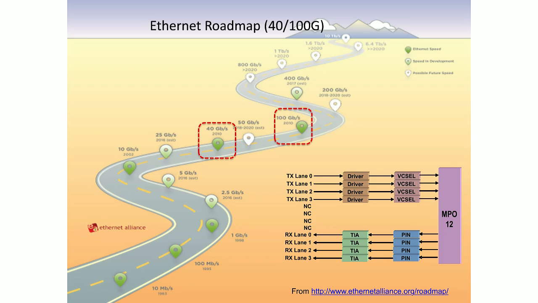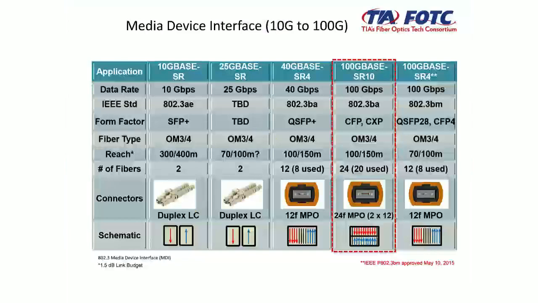Basically what I have there is an MPO connector on the front. It can be a 12 fiber MPO connector. It can be an 8 fiber MPO connector. You have 4 transmit, 4 receive. Now for both the 100 gig with a 25 gig line rate and the 40 gig with a 10 gig line rate.